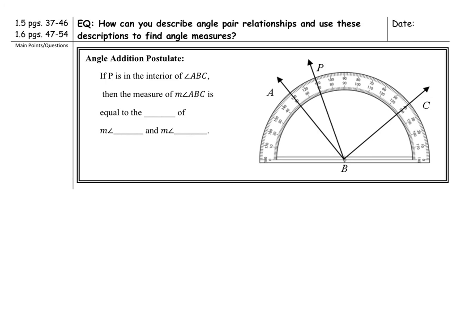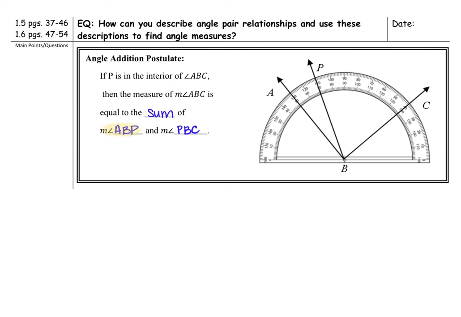Next, we're going to review the angle addition postulate. So if P is in the interior of angle ABC, then the measure of angle ABC is equal to the sum of the measurement of angle APB and the measurement of angle PBC. So let's take a look at these.